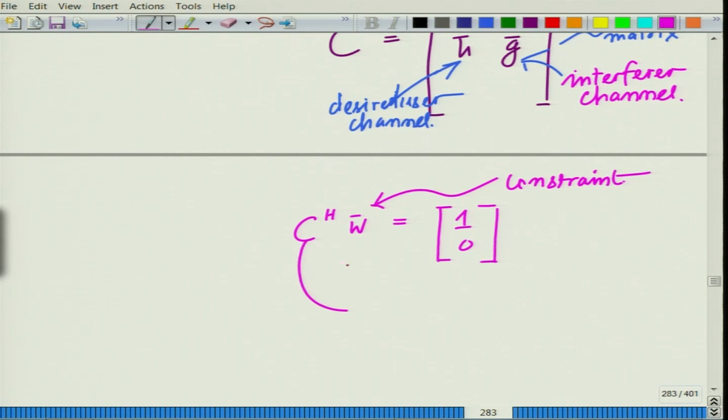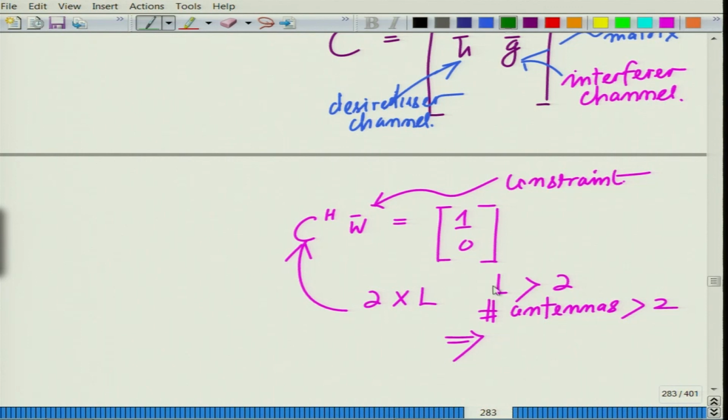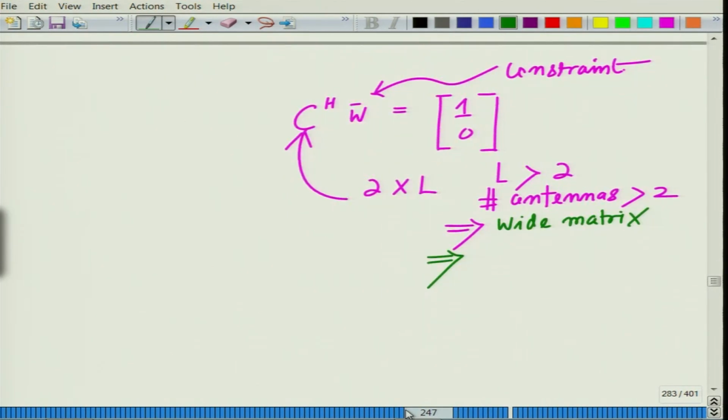And you can see C Hermitian is of size 2 cross L, which means if L, that is the number of antennas, is greater than 2, this becomes a wide matrix, which implies this becomes an underdetermined system.